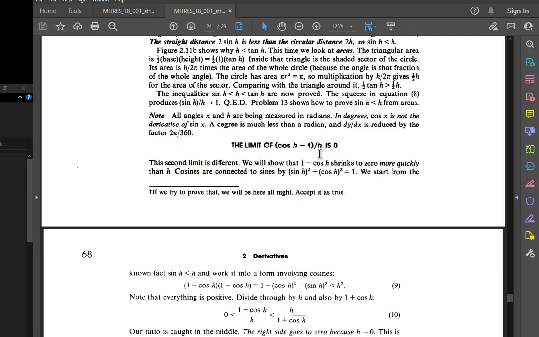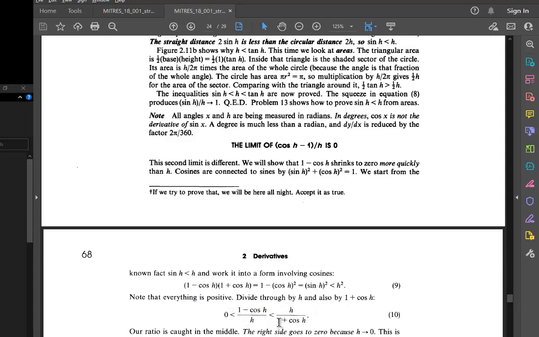So what he does is he uses this trigonometric identity and replaces sine squared h with 1 minus cosine squared. Okay. So we have this here, sine h squared is less than h squared. We just basically rearrange this identity, 1 minus cosine squared equals sine squared, and use the fact that sine squared h is less than h squared.